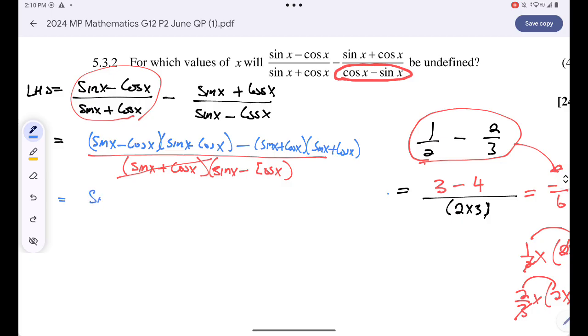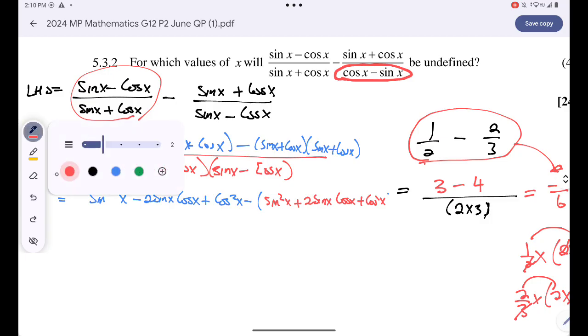We'll simply have sine squared x minus 2 sine x cos x plus cos squared x. Minus, inside the bracket I simply have sine squared x plus 2 sine x cos x plus cos squared x.